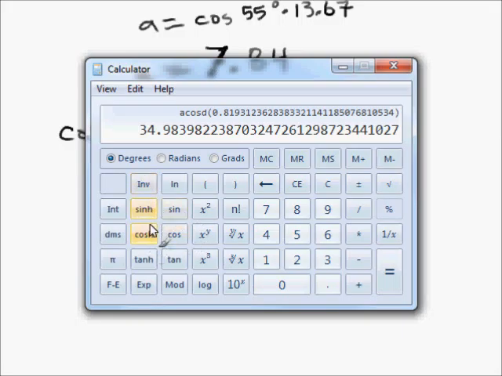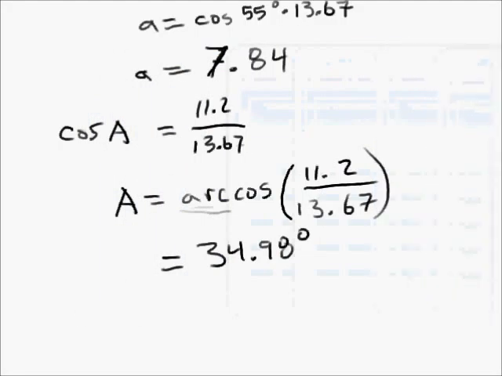Note that it is not these, sinh, cosh, and tanh. Those are not inverses. These are hyperbolic functions. Similar to trig functions, but a little different. All right. That's number 27.